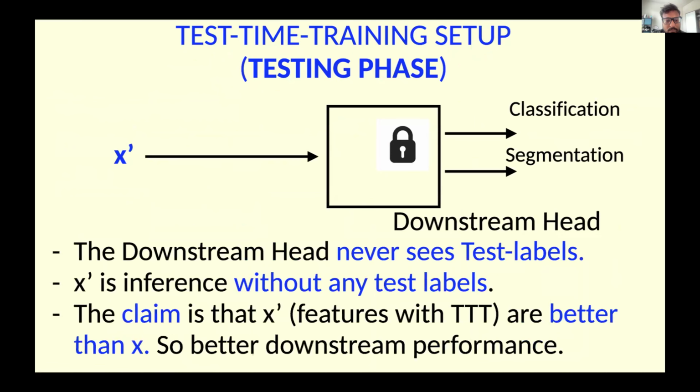But if you do test time training in this way, where you adapt the backbone for the test sample, you will get better features, and your performance will be very good compared to if you didn't do this sort of test time training and just had a static decision boundary.